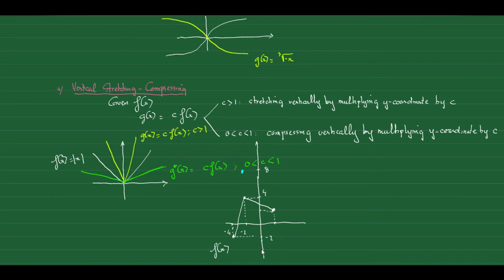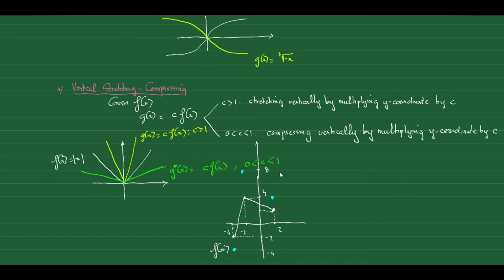So this is -4. So the new one will be this one, and -4, -4. Instead of -4, -2, so we have -4, -4, and this is 2, right? So 2 2, so we become 2 4. Multiply the y component by 2, but the x component you have to keep.